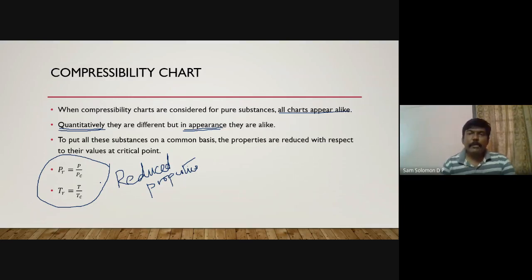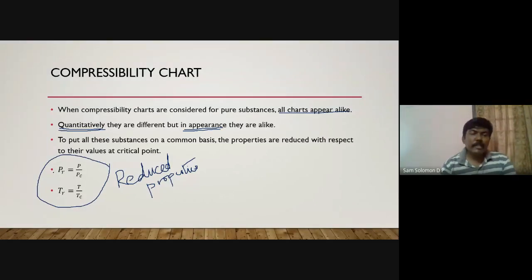That critical point is there for steam, and there is a critical point for each and every substance. The given pressure divided by the critical pressure gives the reduced pressure. The given temperature divided by the critical temperature gives the reduced temperature. The given volume divided by the critical volume gives the reduced volume.